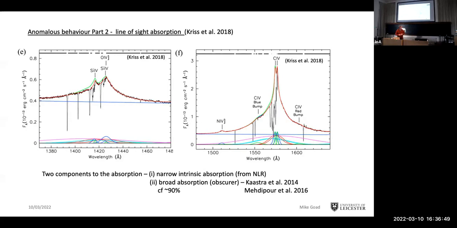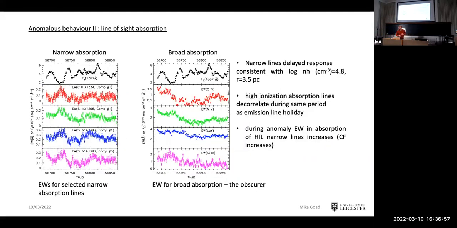So the silicon-4 doublet line, you can see two components there. And the component we're mostly interested in is known as component 1, which Gary's PhD student at that time was largely working on. So I borrowed heavily from Jerry Chris's paper here, which shows the 1367 continuum band at the top and the equivalent width of these narrow absorption lines on the left.